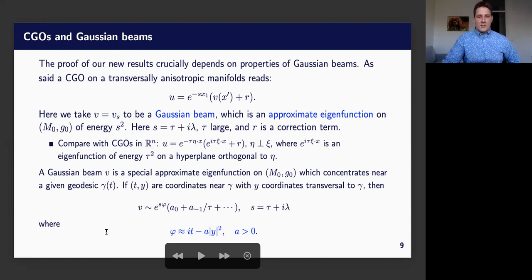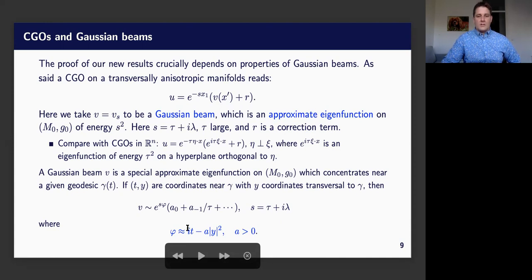So what is the qualitative behavior of these Gaussian beams? It's the following. The phase function has leading order coefficients i times t minus a positive constant times y squared. Think about this s now just as this tau.